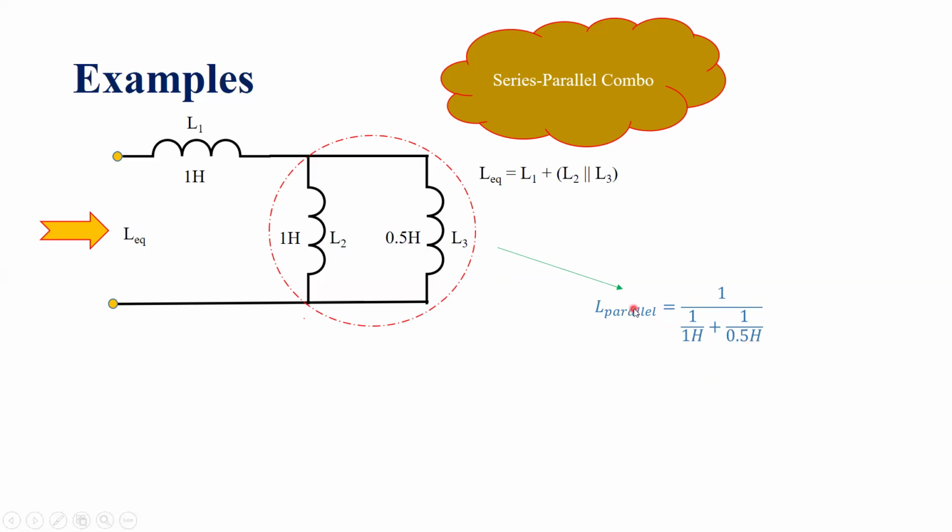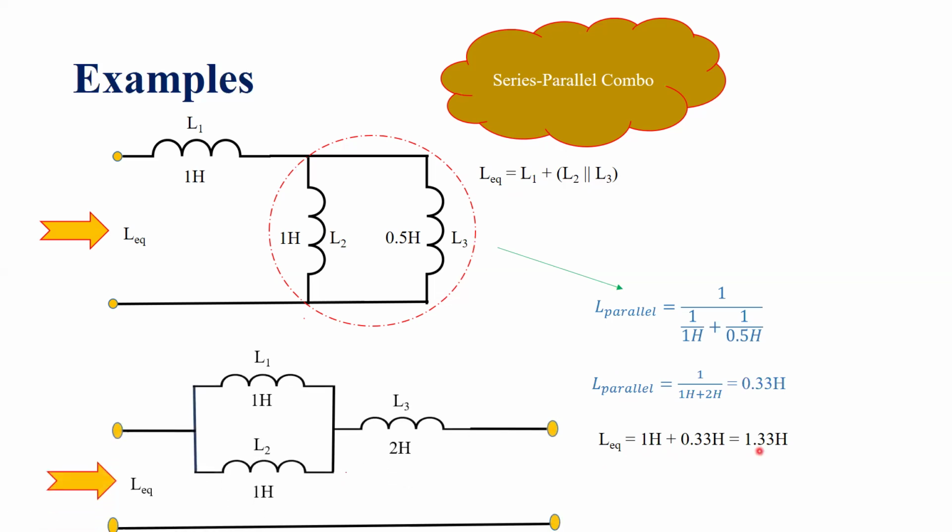L parallel is equal to 1 over 1 Henry plus 2 Henry. So total is 0.33 Henry. Now, therefore, L equivalent is L1 plus L parallel. So L1 is 1 Henry plus L parallel is 0.33 Henry. Therefore, the equivalent value of inductance is 1.33 Henry.